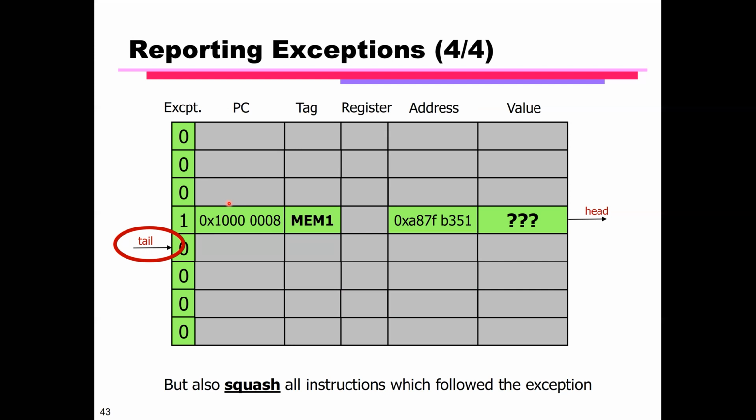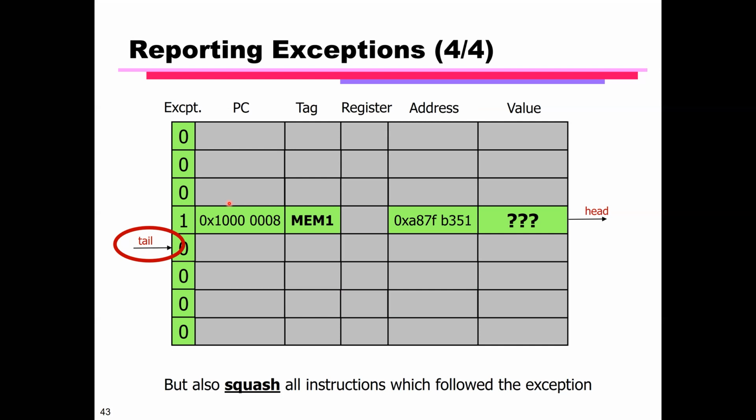The reason I am putting the PC here is that, in a sequential processor, I would take the program counter of where I am. I just fetched the instruction, I decode the instruction, and I would have looked at it and figured out that maybe I cannot do the access because there is a TLB miss.